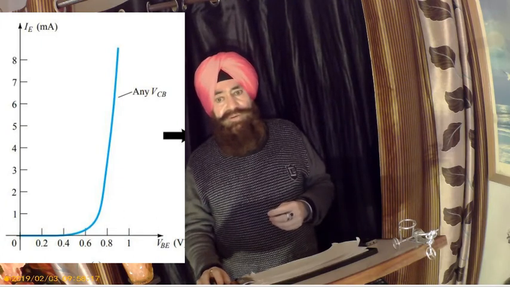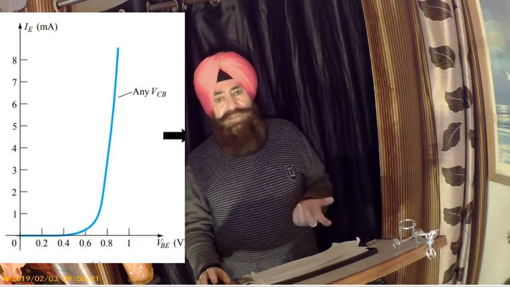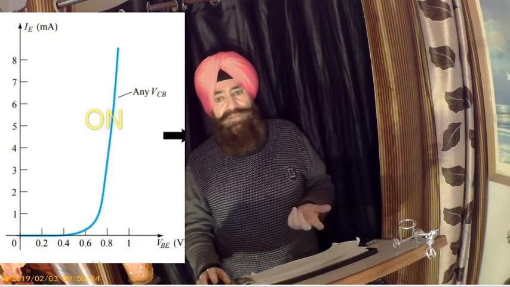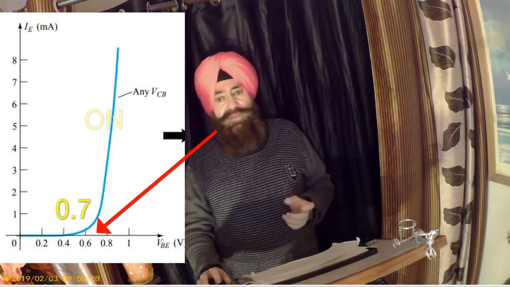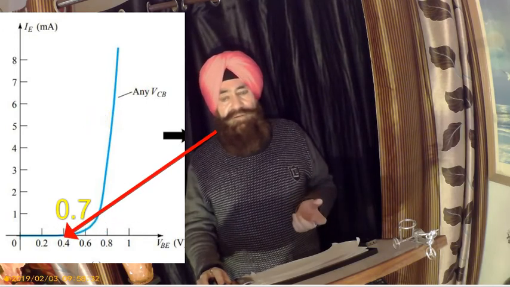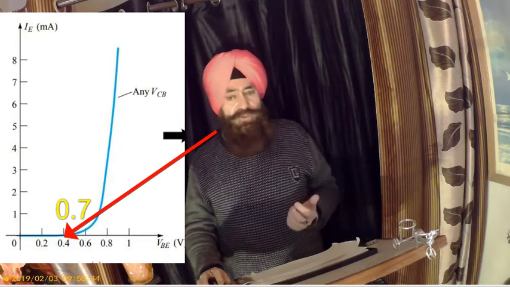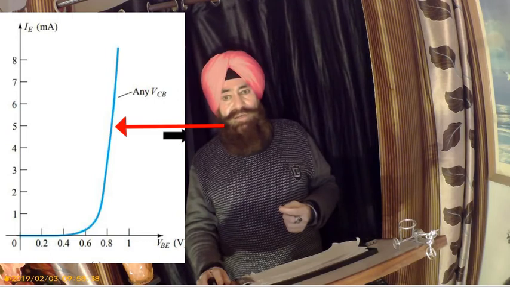So just crossing 0.7, we say the transistor is in the on state. Before 0.7, we are applying base emitter voltage, but the current is almost nil, almost zero.